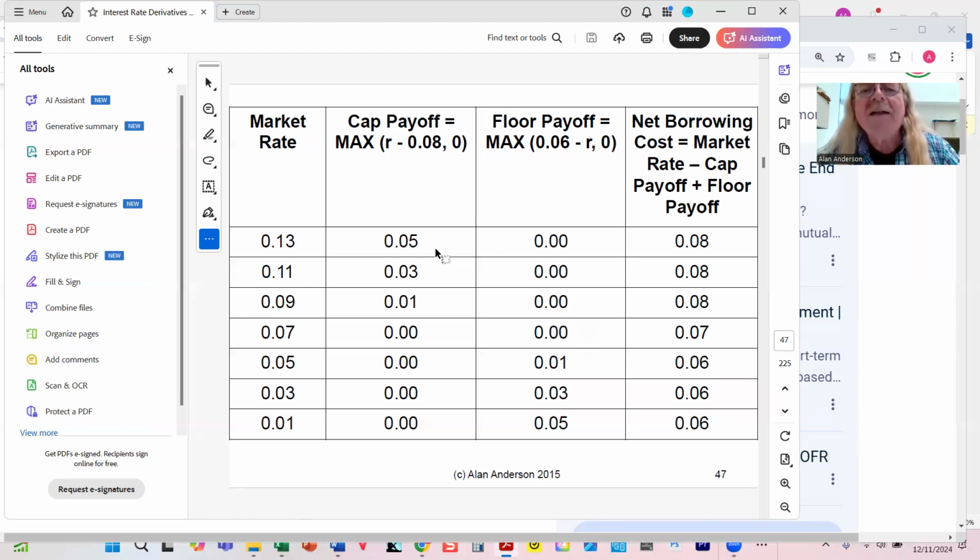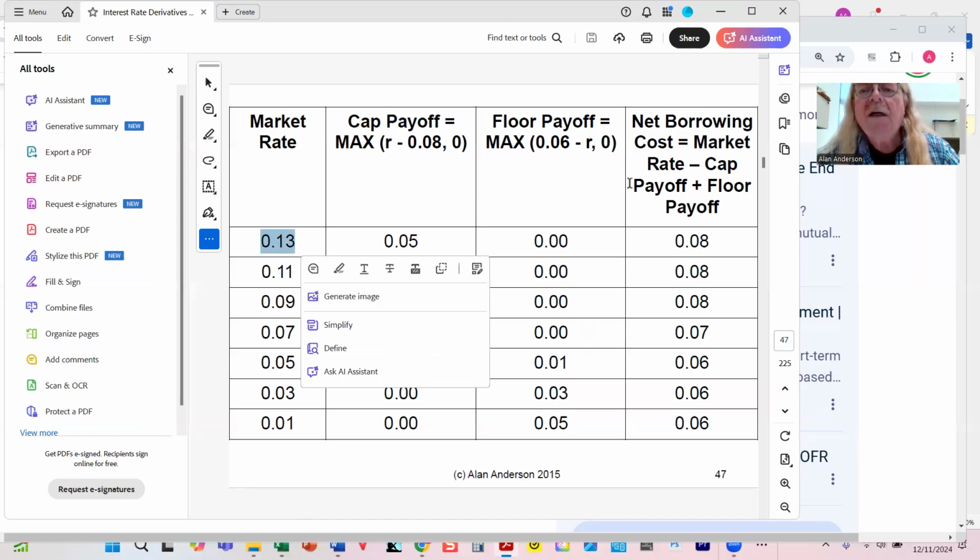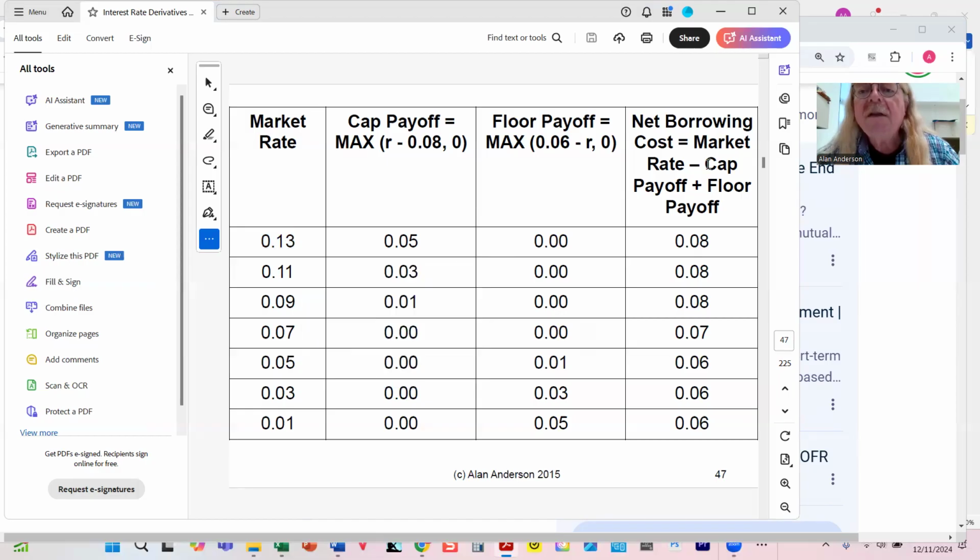So the bottom line is when you add these together with the market rate, so in other words, you've got the market rate, which you're actually paying. This is the protection from your options. So the net effect of it, if you notice, is that no matter how high the market rate goes, the interest rate cost to us never goes above 8.